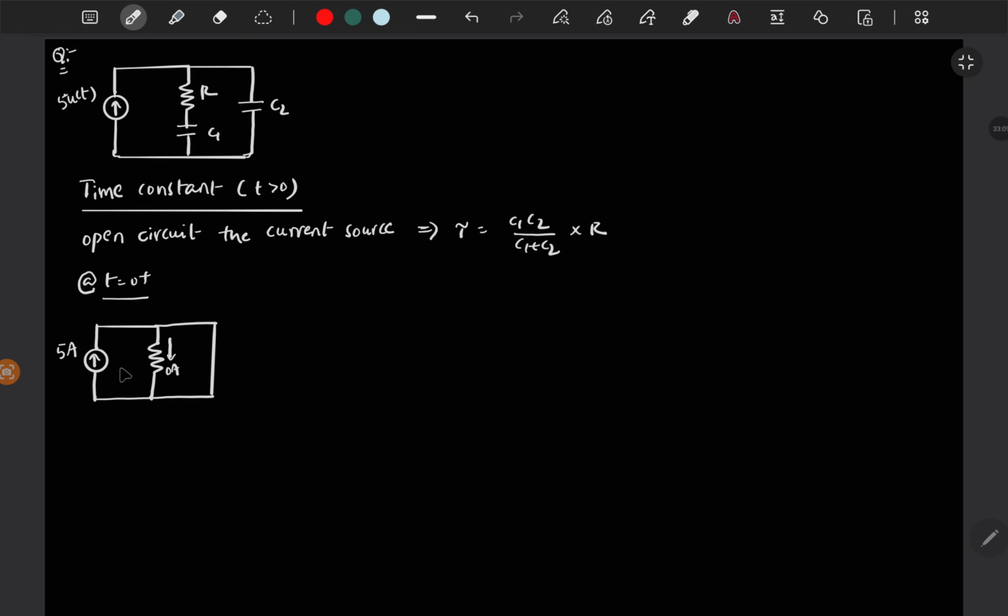This is 0 amps. All the current will flow through the short circuit path. So this is C2, right? So IC2 of 0 plus is 5 amps. IC1 of 0 plus is 0.